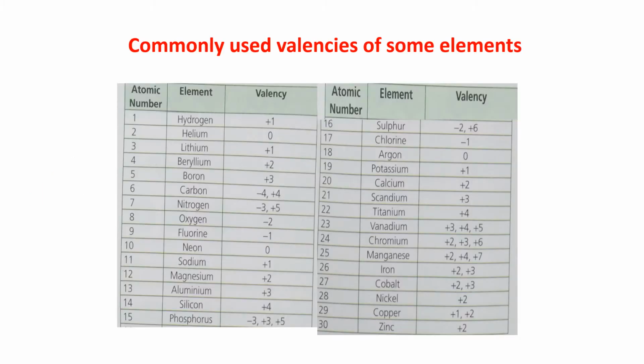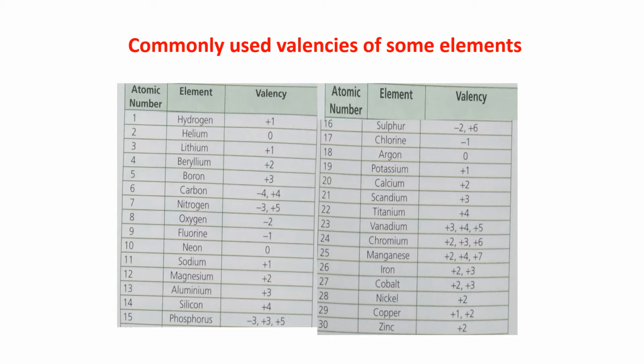Commonly used valencies of some elements. Now here you can see the elements with their valencies are given with a charge. Generally, valencies are not having any charge. The valency of hydrogen is simply 1.